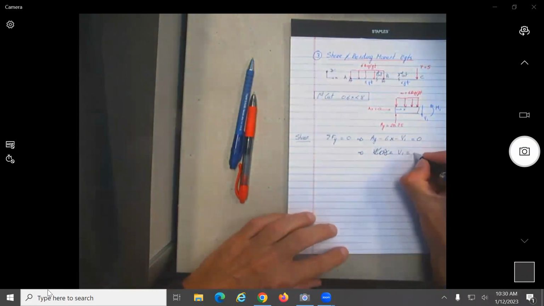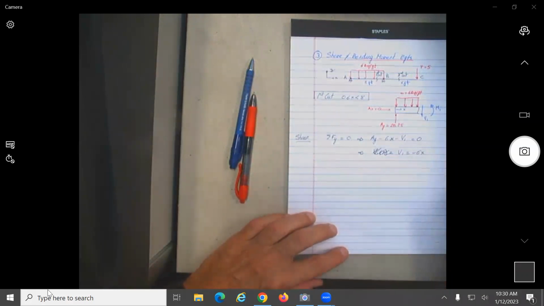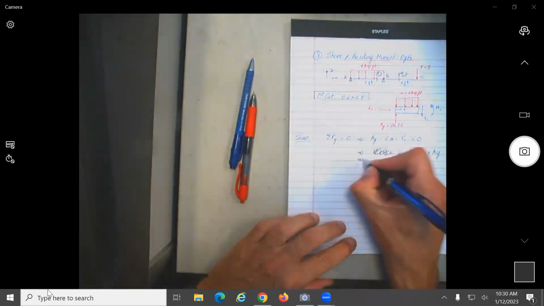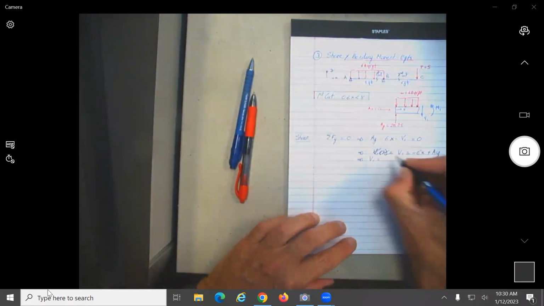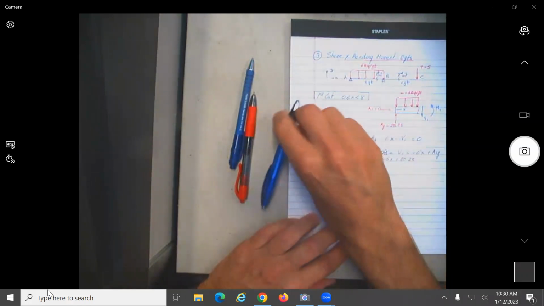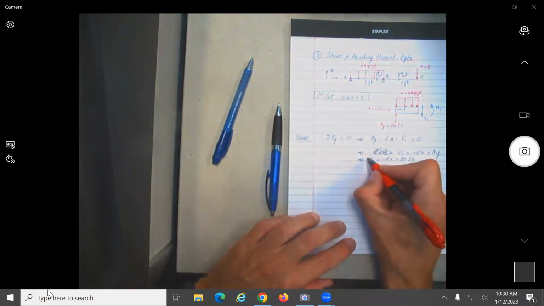Will be equal to minus 6x plus AY, or this will mean that V1 will be equal to minus 6x plus 20.25.